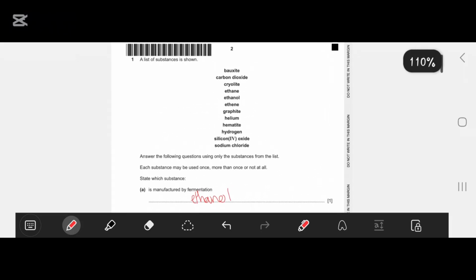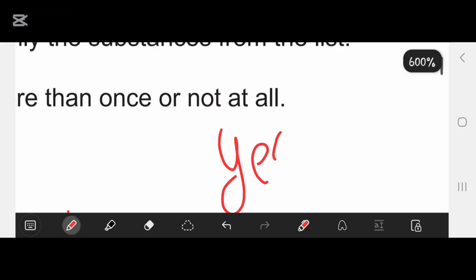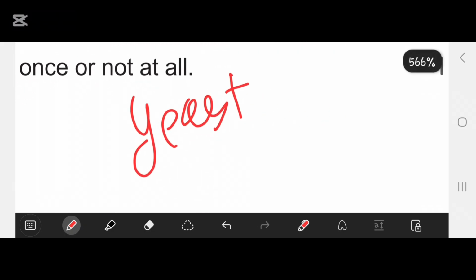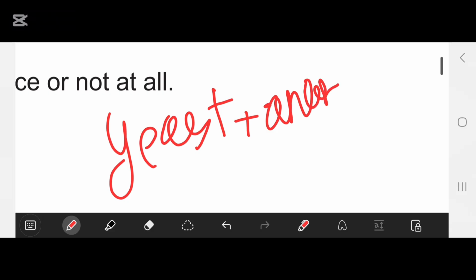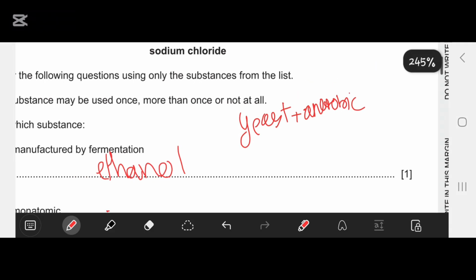The first question shows the list of substances which is manufactured by fermentation, where first of all fermentation is a reaction where we will have yeast with anaerobic reaction in the fermenter.